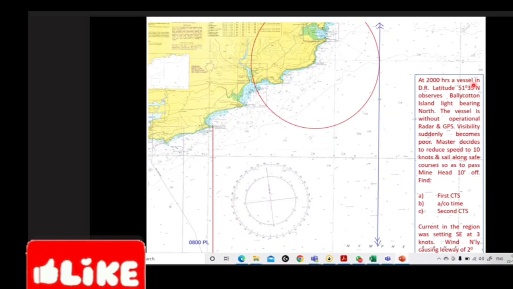But what is a PL? A PL is a line on which the ship is definitely located because you have observed it, right? So that means the ship is somewhere on this line at 8 o'clock. Am I right, guys? Ship will be somewhere on this line at 8 o'clock, correct?